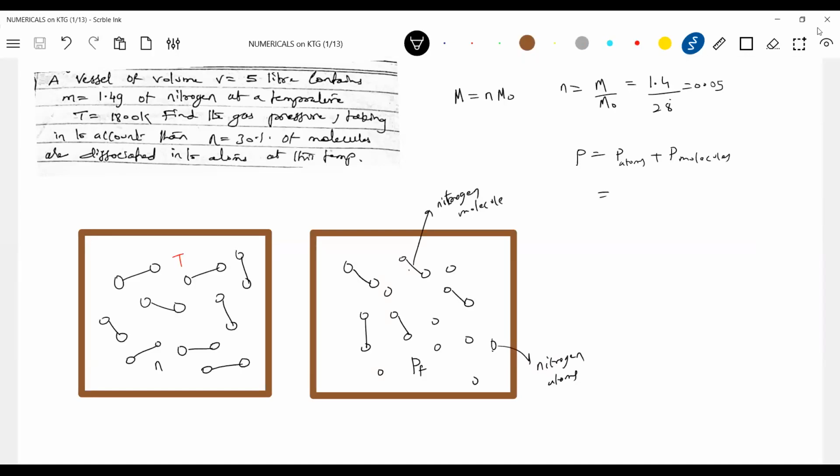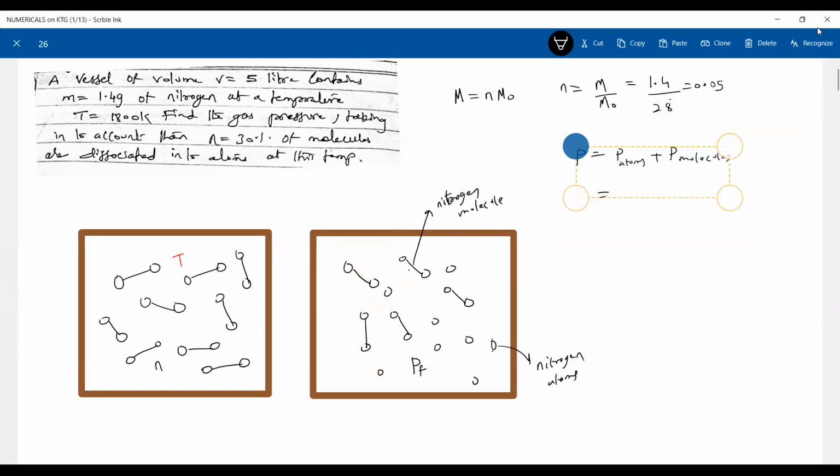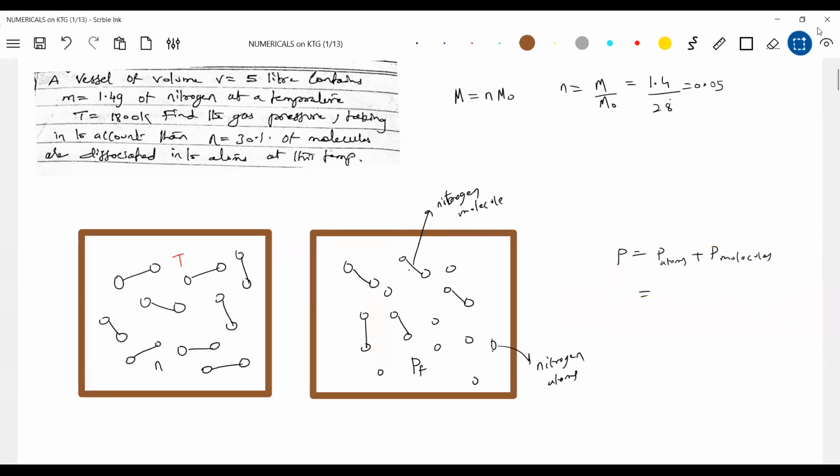Or we can do it another way. We have the number of moles. So the initial number of molecules should be equal to mass by molecular mass into Avogadro number. This is the number of molecules of nitrogen.